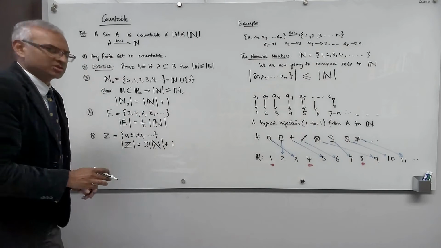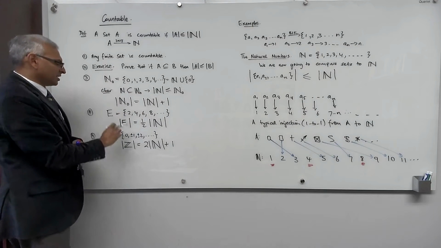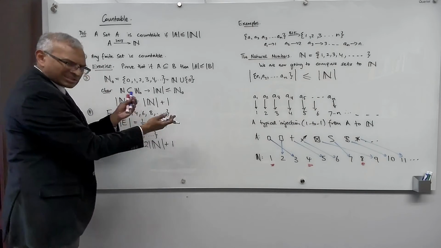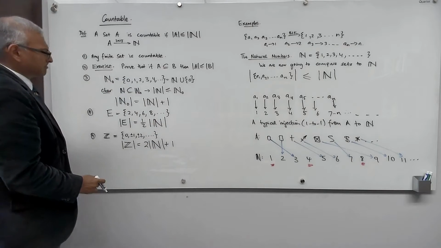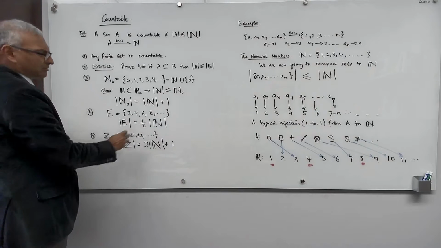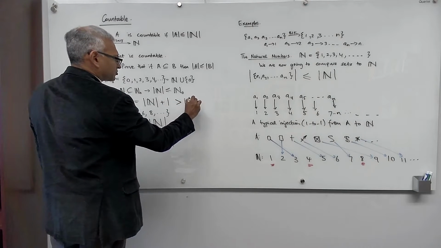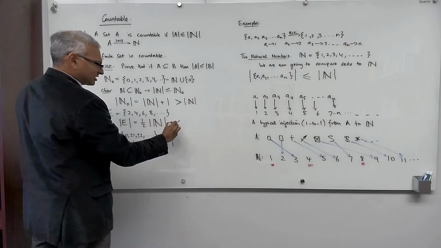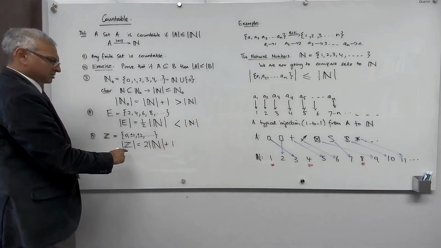And let's look at one more set. In all these cases, we are expecting the various cardinalities of these sets to be somehow linearly related to the cardinality of the natural numbers. In this case, it's strictly bigger than the cardinality of the natural numbers. In this case, it's strictly less. In this case, it's strictly bigger.